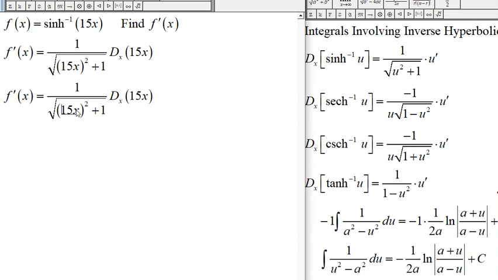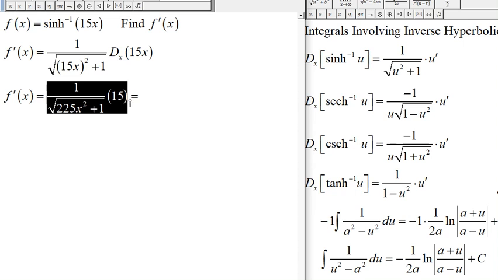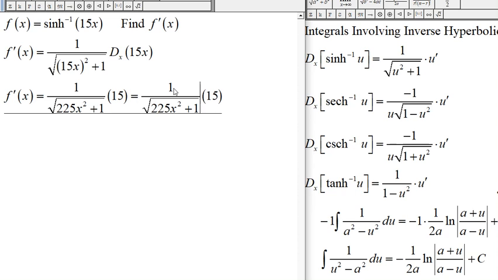And so 15x squared is just 225x squared. And then the derivative of 15x is just 15. And so the answer would be just 15 over the square root of 225x squared plus 1.